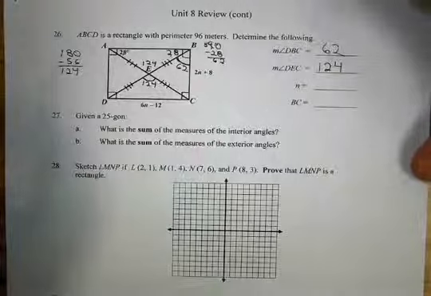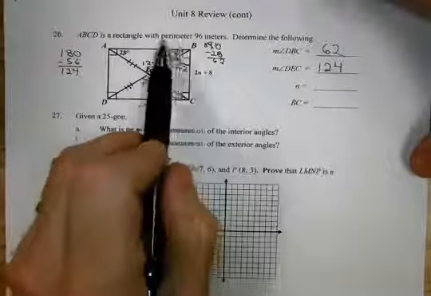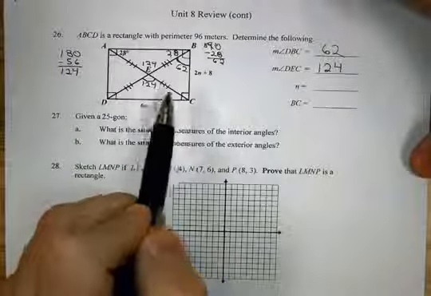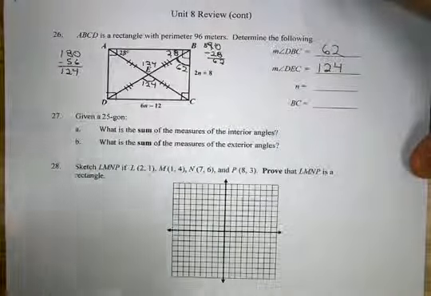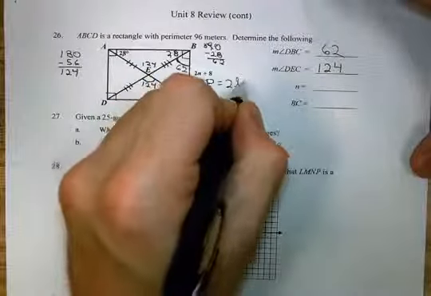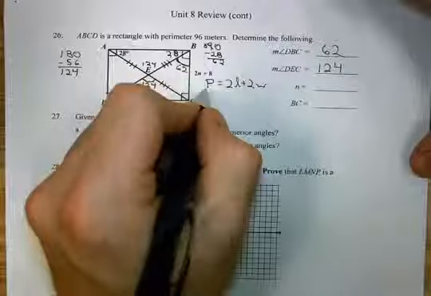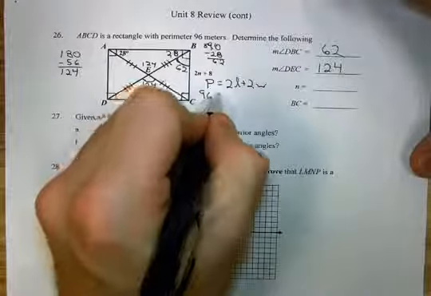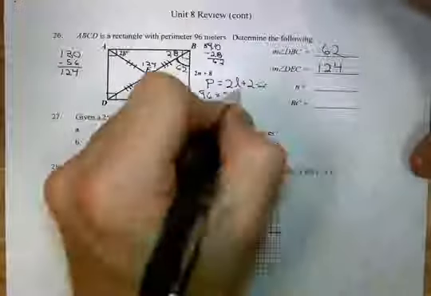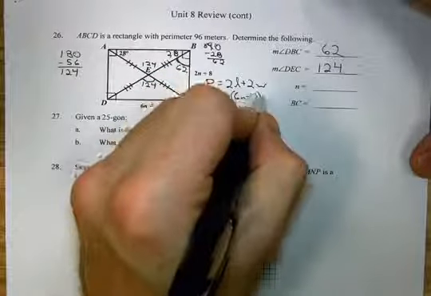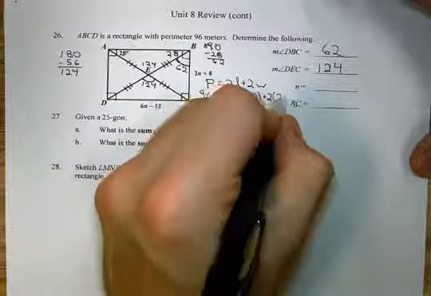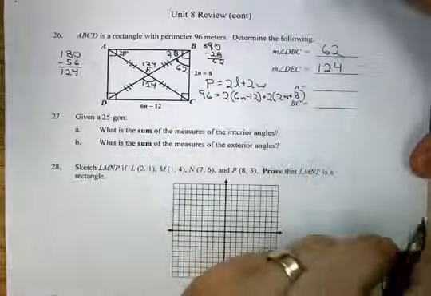Next, we're going to look at N. Now, we have to use the perimeter of this rectangle, because these sides are not the same. If they were opposite sides, yeah, they'd be the same, not in this case. Perimeter is 2 times the length plus 2 times the width. Our perimeter is 96, so that's equal to 2 times (6n minus 12) plus 2 times (2n plus 8).